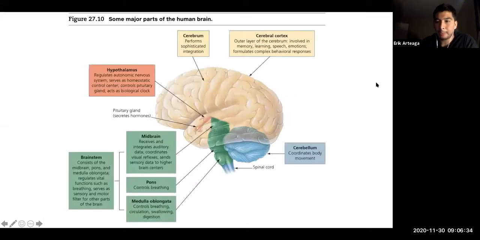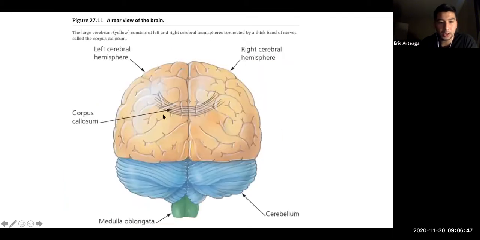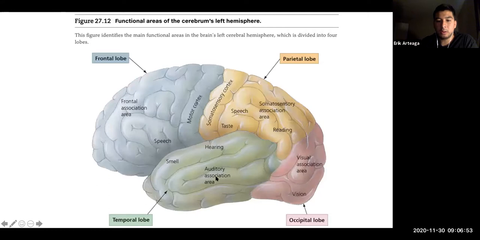Be able to identify these different areas. I might ask you to identify or tell me what that area of the brain does. So these are the simple definitions that you need to know. The corpus callosum connects the two halves of the brain together. This is also a good thing to study.